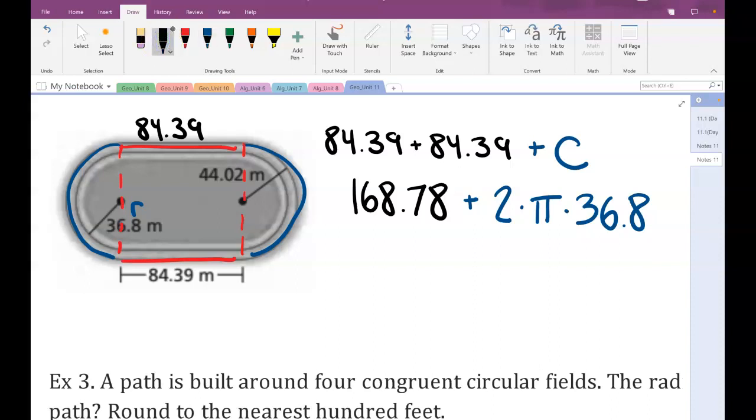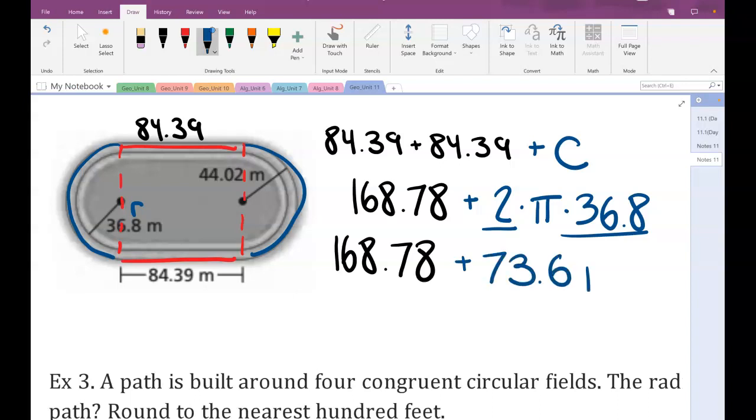Again, if we do more simplifying, this will be 168.78, and here I'm going to multiply my 2 and my 36.8. So this will be plus 73.6 pi.